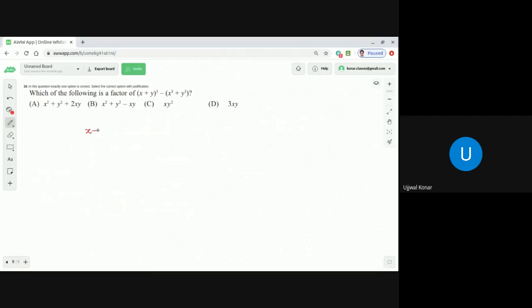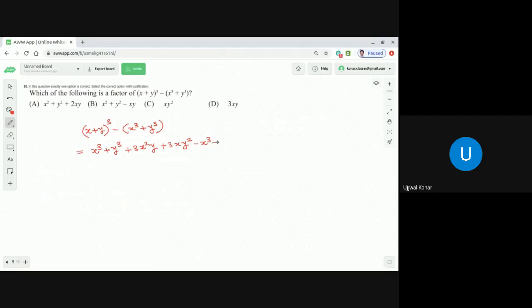So what is the expression here? (x plus y) whole cube minus (x cube plus y cube). Now let's expand. If we expand, what are we going to get? (a plus b) whole cube is a cube plus b cube plus 3a square b plus 3ab square, correct?